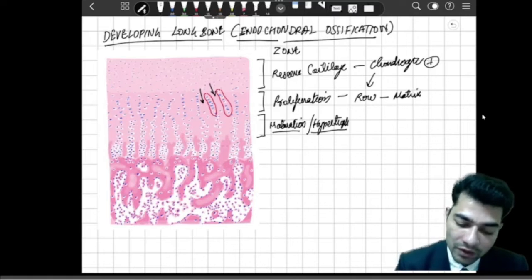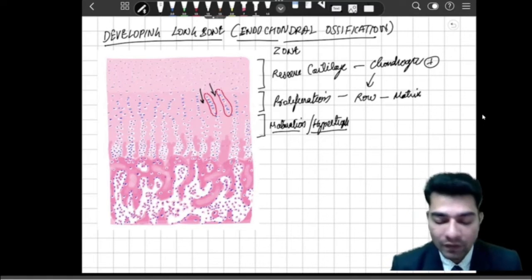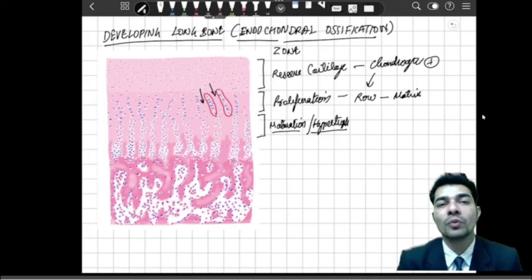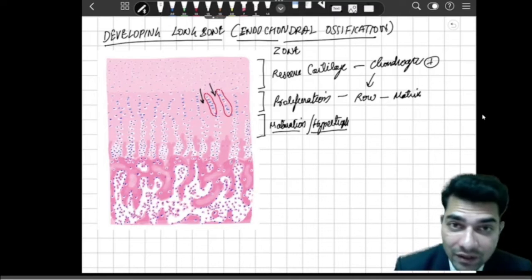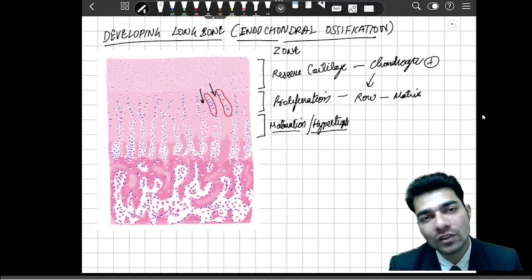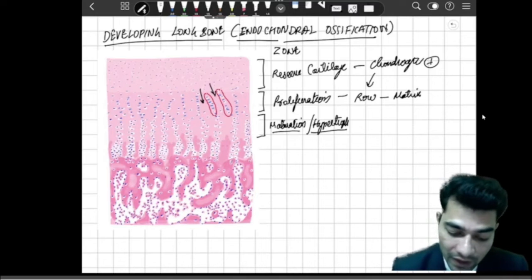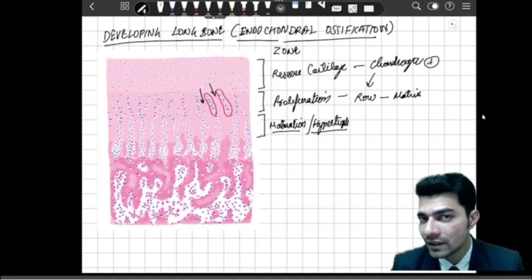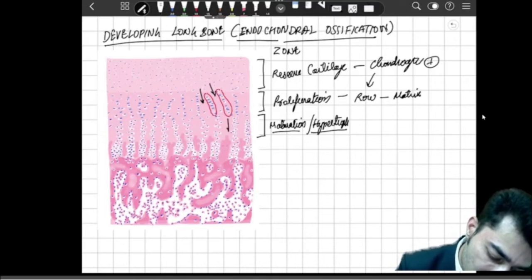In this, what happens? The cells from the zone of proliferation become more mature, and along with that the lacunae also develop. The cells become large and the lacunae also become large. Again they line up in the same row pattern as in the previous zone.